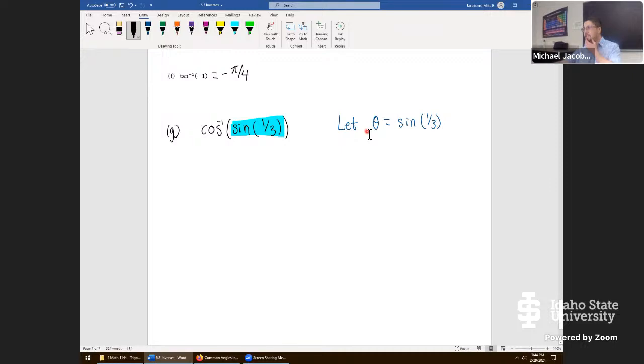Let's see, cosine inverse of the left-hand side, or hang on. I think I'm actually getting confused on this one. I have theta equals sine 1/3, cosine inverse over here. And I want to say cosine inverse equals some x value.